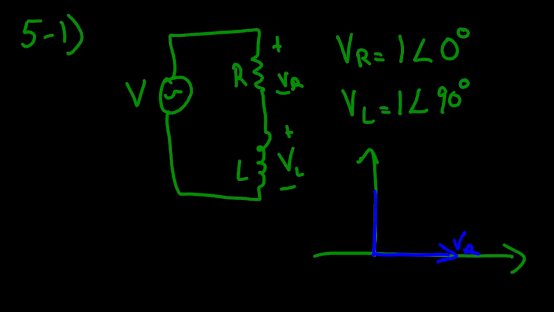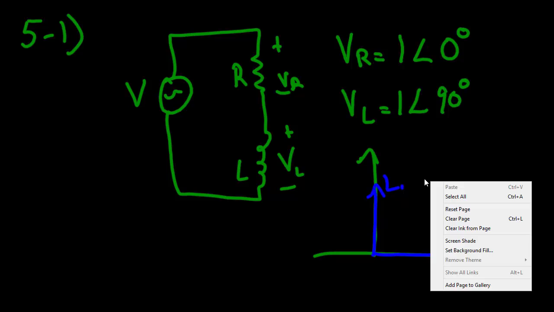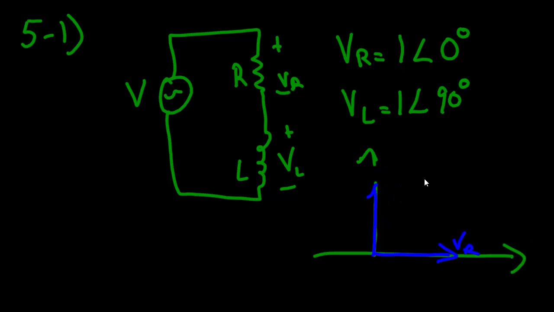And then we have VL, which is 1 at an angle of 90 degrees. So this is how we would represent this in graphical form.